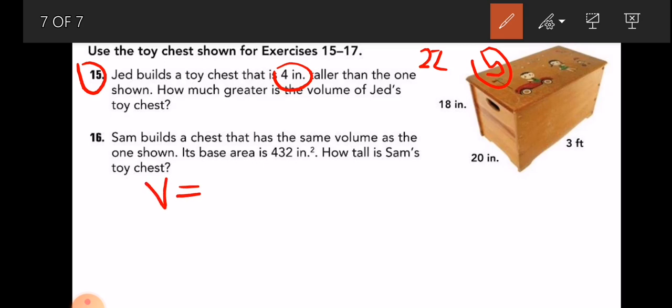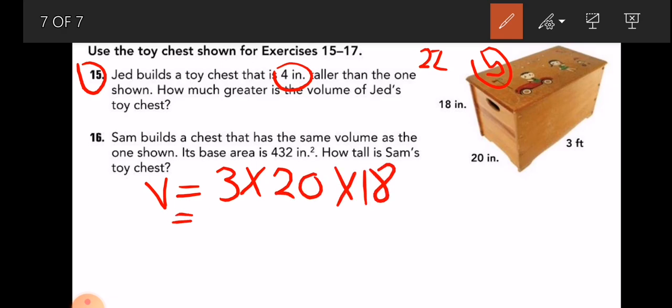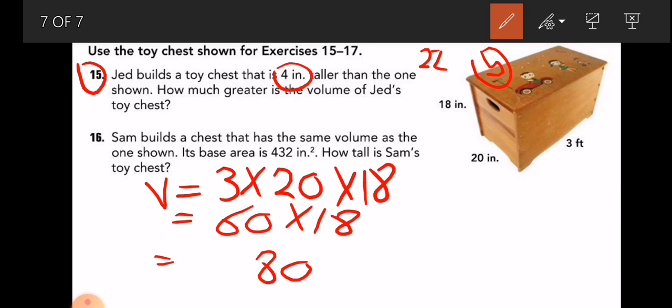Length multiplied by width multiplied by height. So let's multiply. 3 multiplied by 20 will give me 60 multiplied by 18. 60 multiplied by 18, put the 0 down, then 6 times 8 will give me 48. 1 times 6 is 6 plus 4 will give 10.